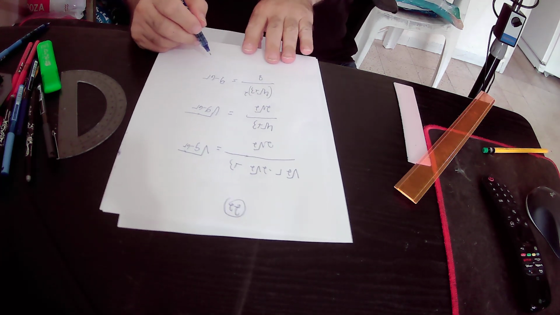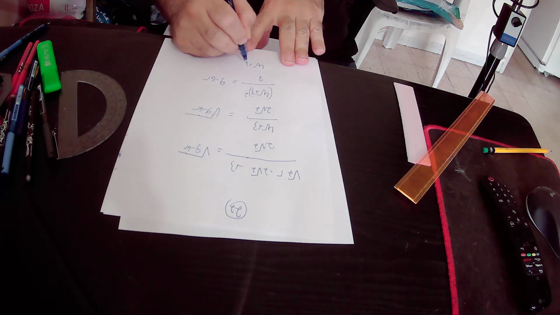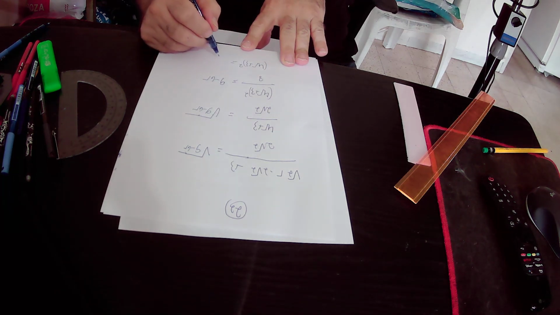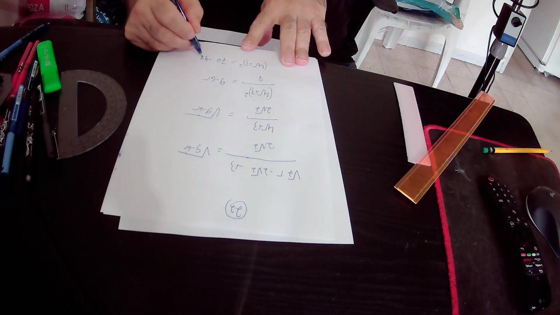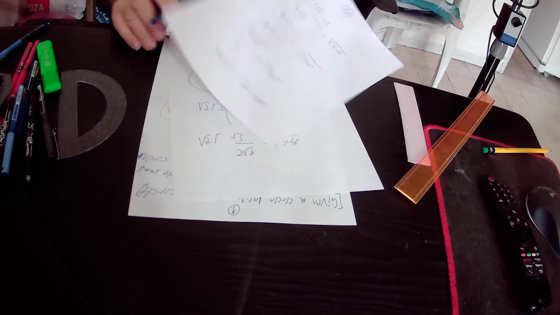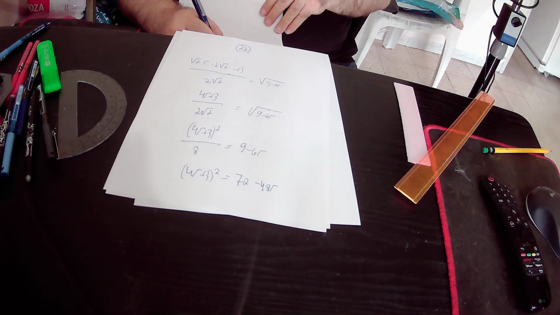Here we will multiply this equality by 8, and we will get that 4r plus 3 squared equals 8 times 9 is 72, and 8 times minus 6r is minus 48r. Okay?